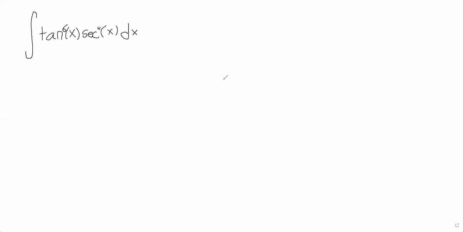Well, first thing that comes to mind is secant and its derivative, as well as just tangent and its derivative. That's a good place to start. I like to think about those derivative relationships because we know integrals are the opposites of the derivative.